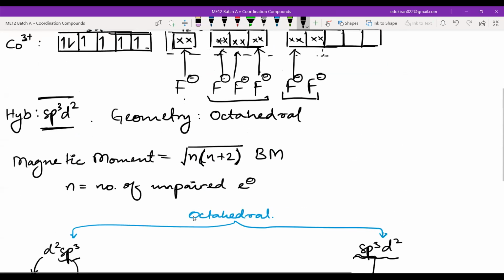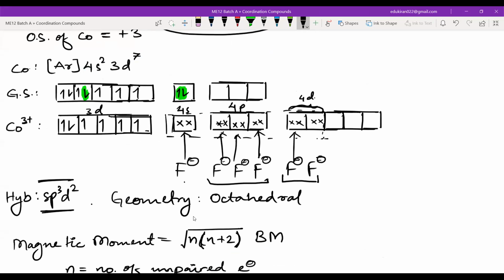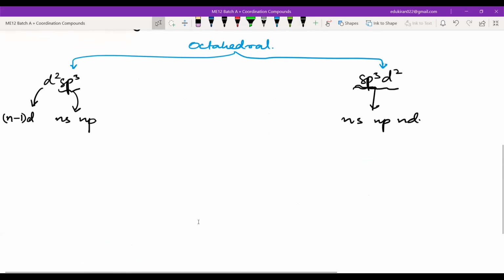Here, with sp3d2, 4s means ns, 4p means np, and 4d means nd. But if we use any of the 3d orbitals, it would be n minus 1, because n is 4. So n minus 1 d is an inner d, not the valence d.